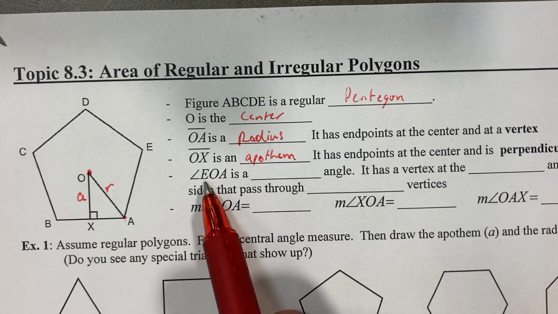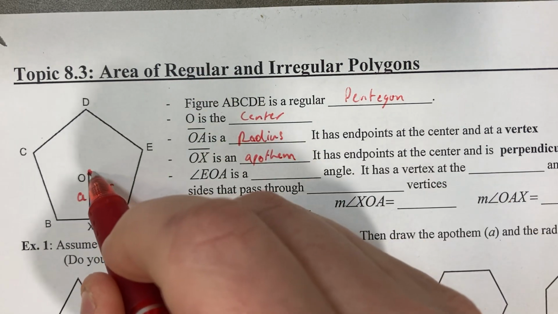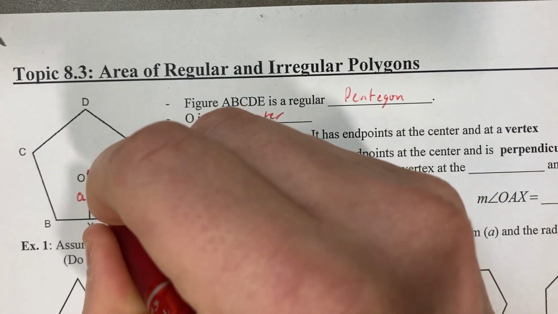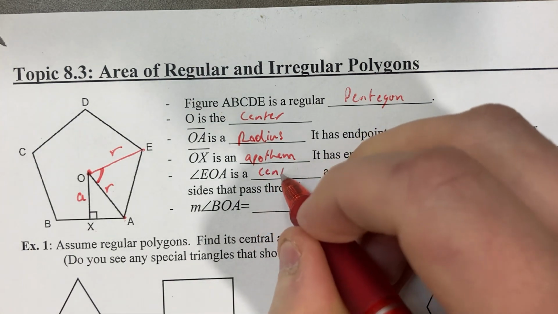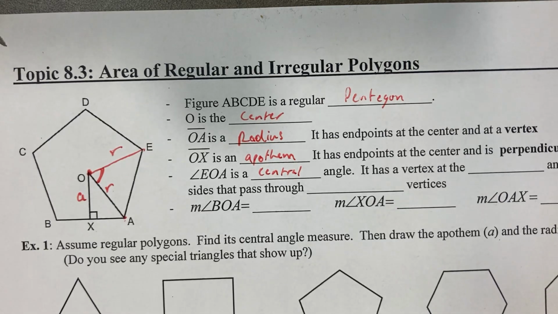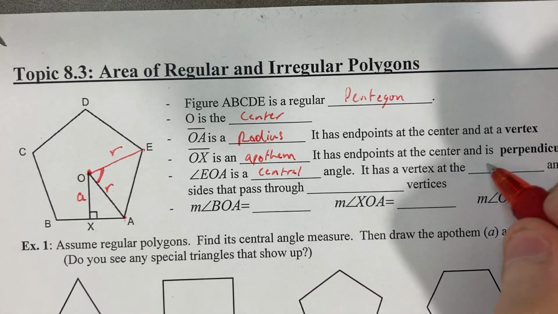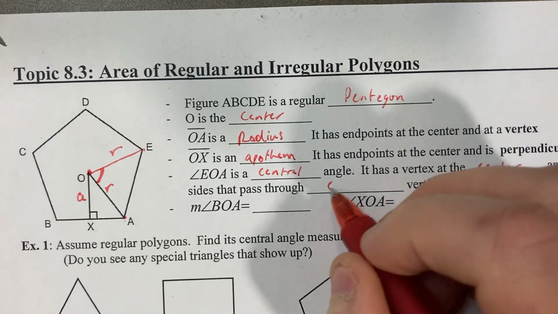today. Angle EOA, if I take two radii, just like in the circle, and they make an angle together, that is called a central angle, just like in a circle. Two radii make a central angle. It has a vertex at the center and has sides that pass through consecutive vertices.